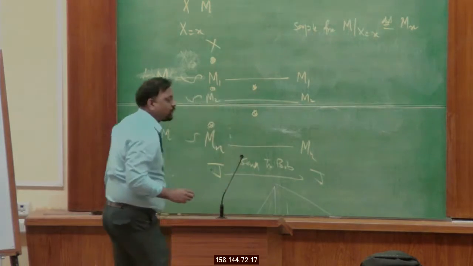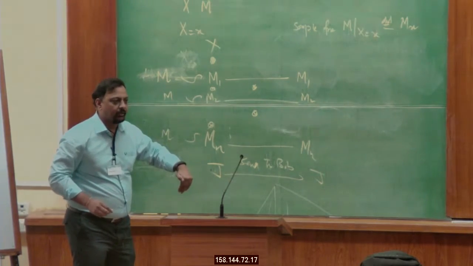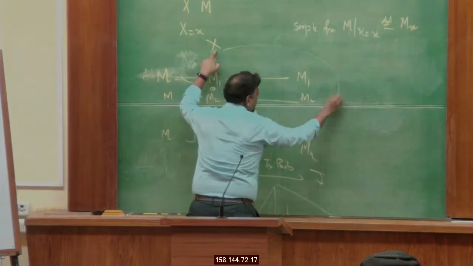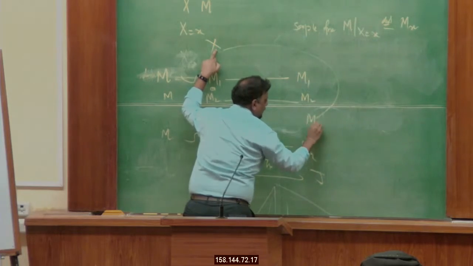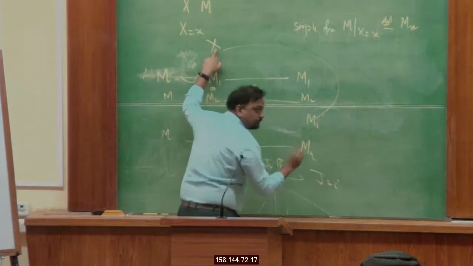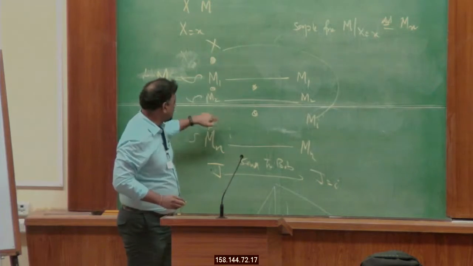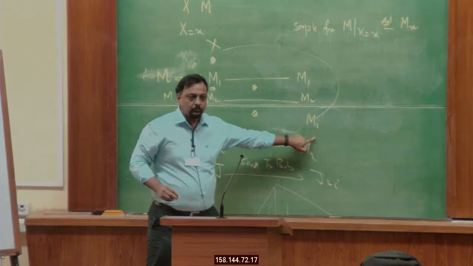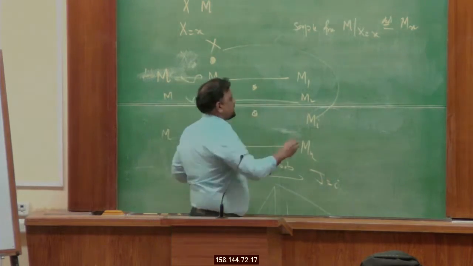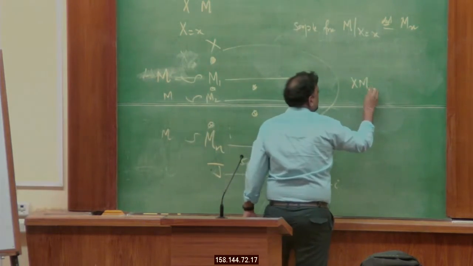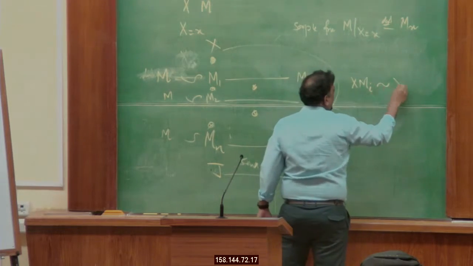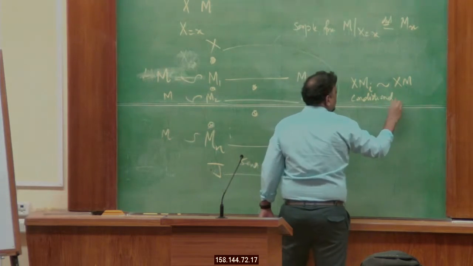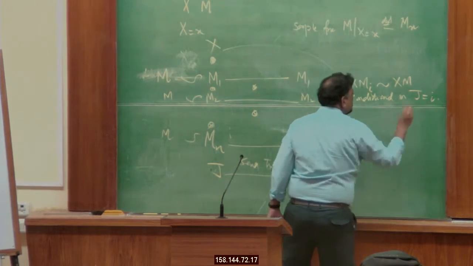Once Bob has J, Bob can measure J, and then X will get correlated with Mi conditioned on J equal to i. This is public randomness. So X M i will be distributed according to XM conditioned on J equal to i.